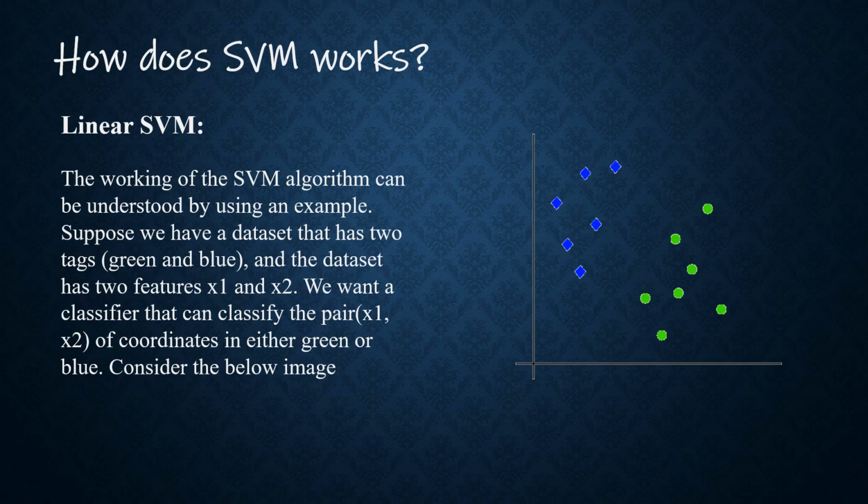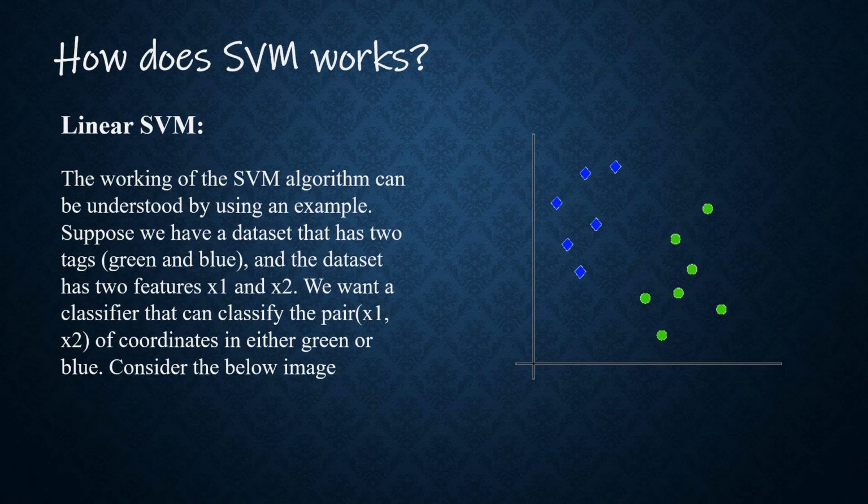But there can be multiple lines that separate these classes. Hence, the SVM algorithm helps to find the best line or decision boundary. This best boundary or region is called the hyperplane. The SVM algorithm finds the closest points of the lines from both classes. These points are called support vectors. The distance between the vectors and the hyperplane is called the margin. The goal of SVM is to maximize the margin. The hyperplane with the maximum margin is also called the optimal hyperplane.